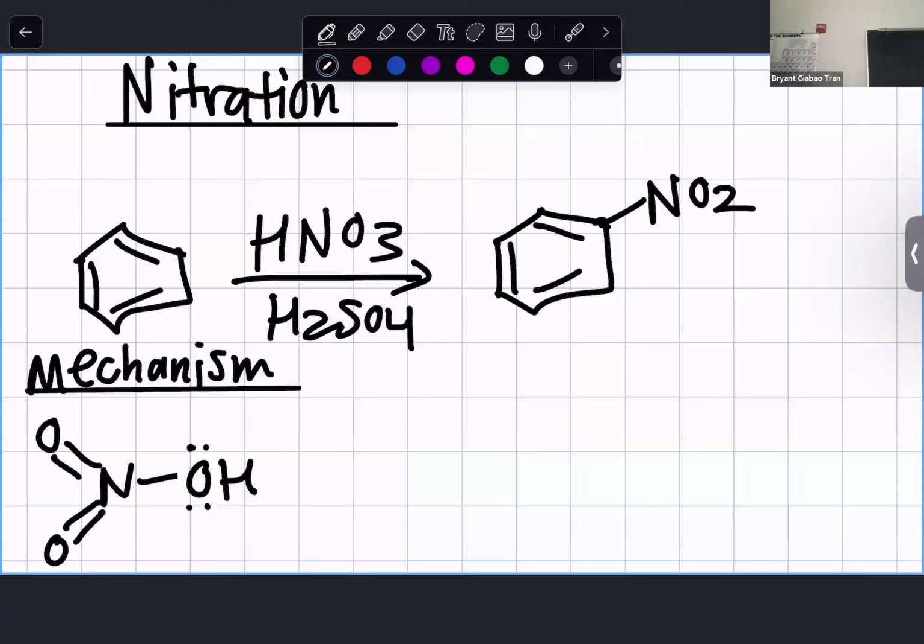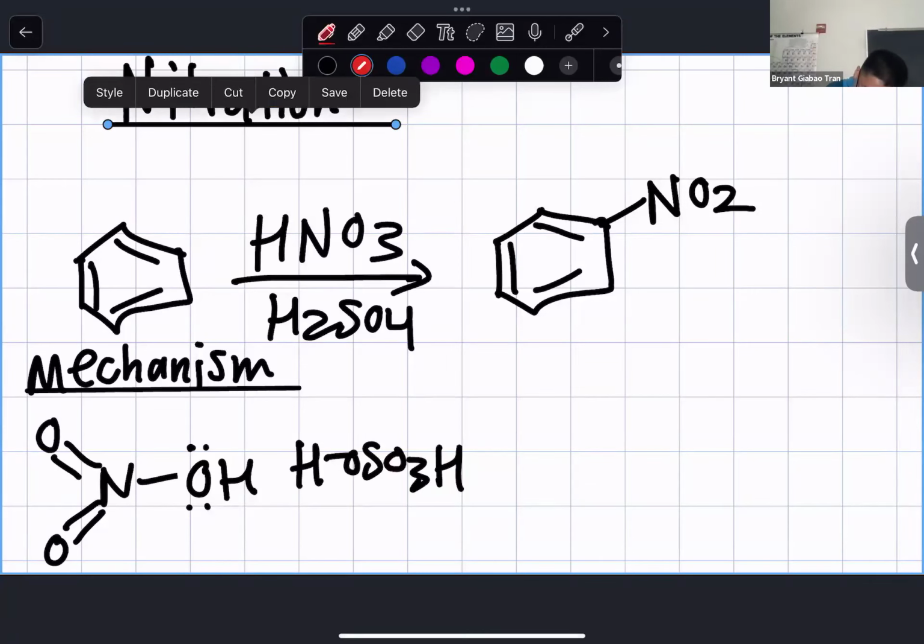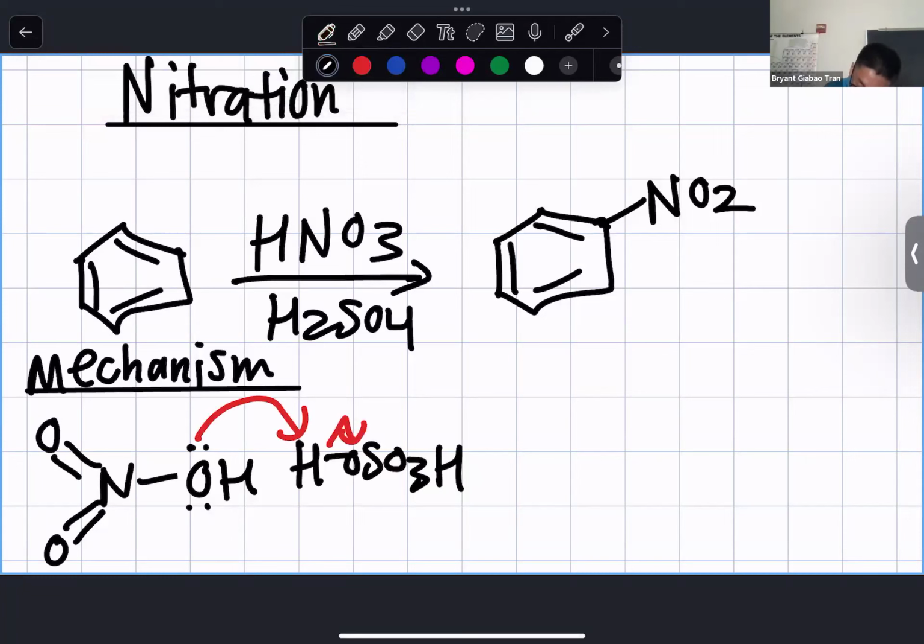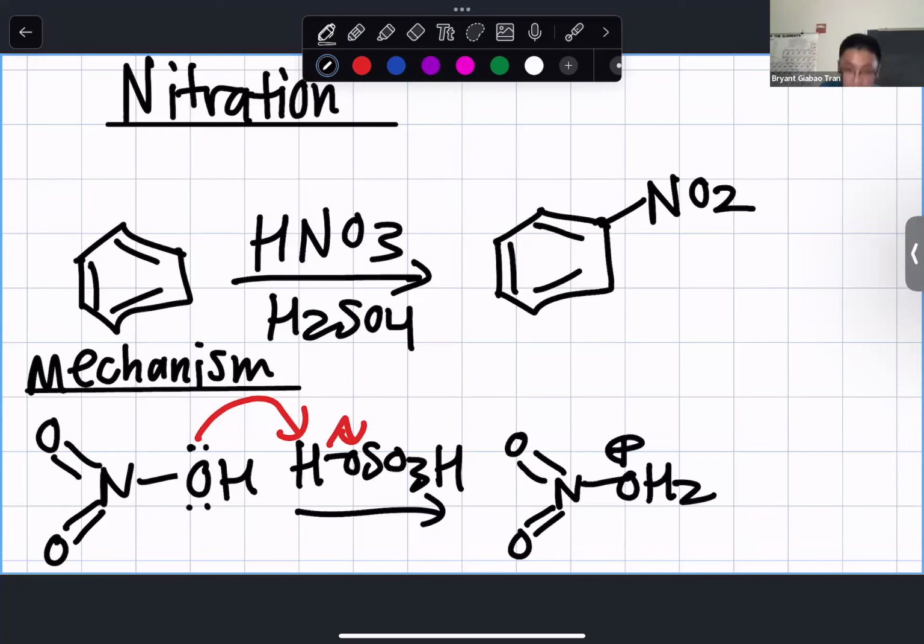And we can because we have a strong acid in the conditions. This H2SO4 here is going to be common for these reactions. That is going to be our acid catalyst. That is going to protonate that alcohol to become this good leaving group here, an oxonium ion. Let me label that as good leaving group.